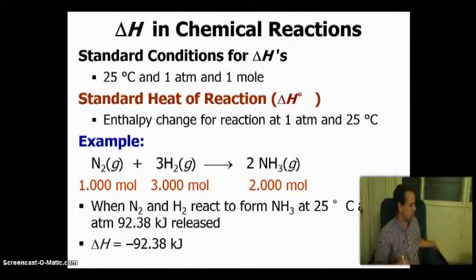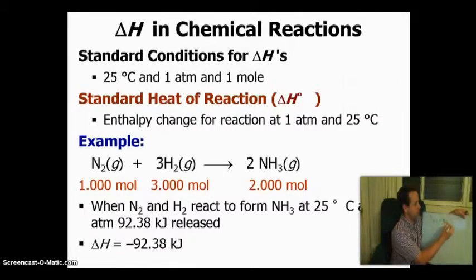So we can write this reaction and state it as follows. N2 gaseous combines with 3H2 gaseous to form 2NH3 gaseous. And then we say our delta H for this reaction is a negative 92.38 kilojoules of energy.